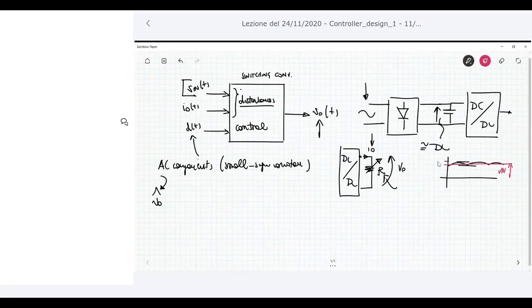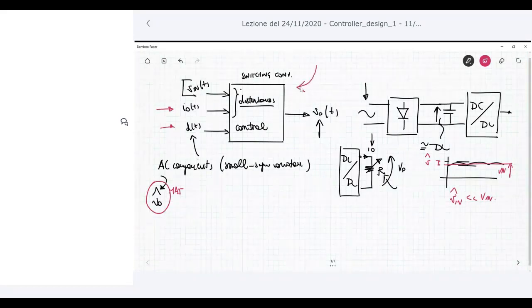This variation here is something that I can call V hat, and typically the variation is well lower than the DC value. This always happens for I naught and also for the duty cycle. So let me consider this kind of nomenclature: I can add this hat here, just to take into account the small signal variation of the quantities over a DC quantity, the operating point.